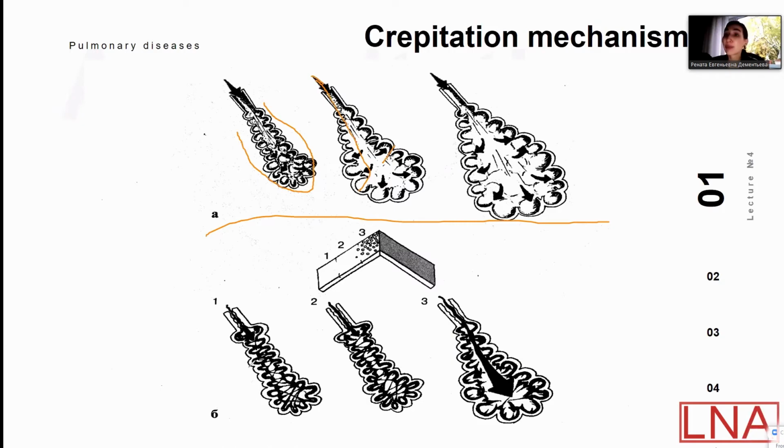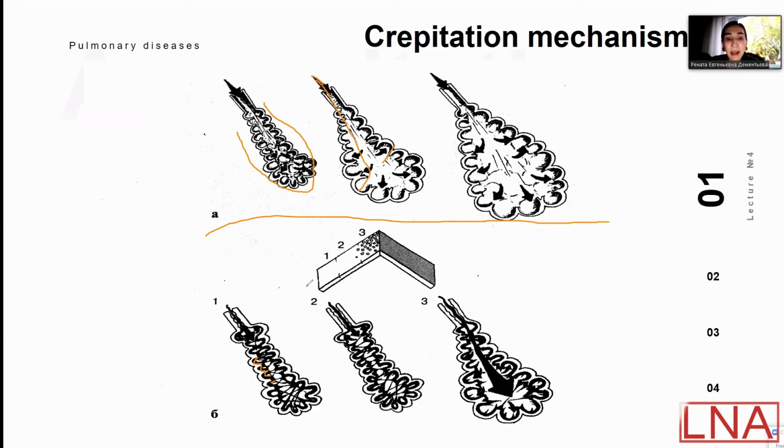In case of presence of fluid with fibrin, this very dense substance blocks practically all of the alveolus, like a layer on the internal part of the alveolar wall.